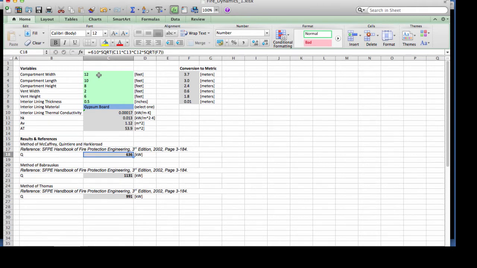So if we do that, we get 3 different numbers here, right? We get 636 kilowatts, 1131 kilowatts, and 991 kilowatts. One note that immediately jumps out to me here is, I think it was Quinteri that said it first, we don't put people in jail over a kilowatt, basically. So if I see a number like 991 kilowatts, in fire terms, we can just say that's about 1,000 kilowatts.